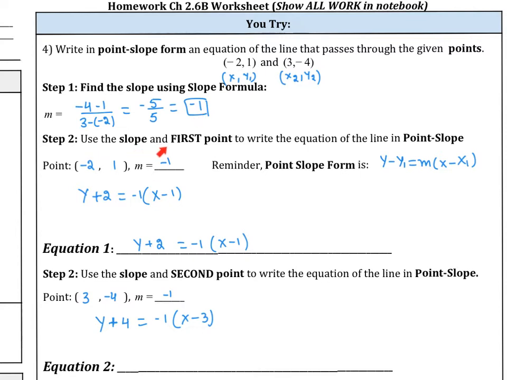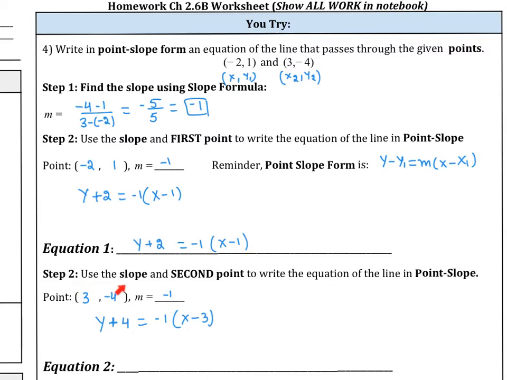Use the slope and first point to find the equation in point slope form. So the first point is -2, 1 and the slope is -1, and you use the point slope formula. Remember, if it's negative, you're going to use the opposite sign. So y minus 1 equals -1 times x plus 2. So that's your equation number 1.